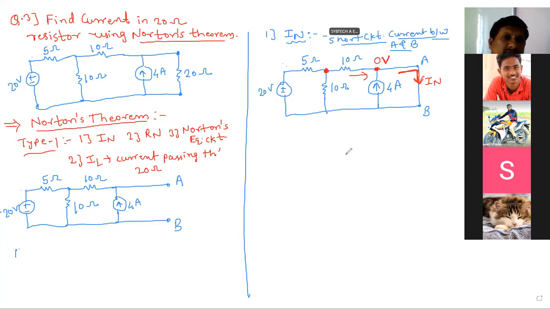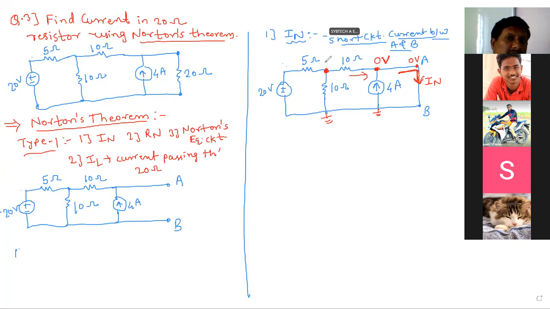Because short circuit voltage is how much? 0 volt. This is short circuit. So 0 volt. It is exactly parallel to the current source, so across it also it will be 0 volt. The voltage across this point will be 0, but the voltage across 10 is not 0 because in between 10 ohm resistor is there.